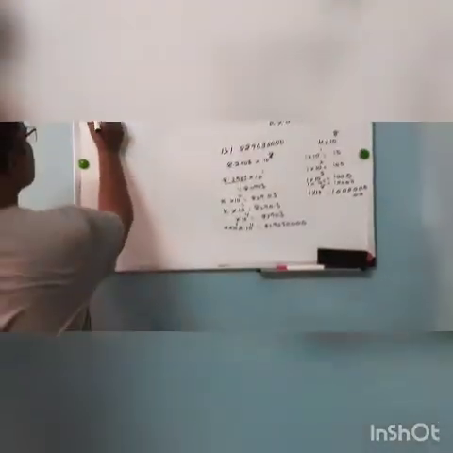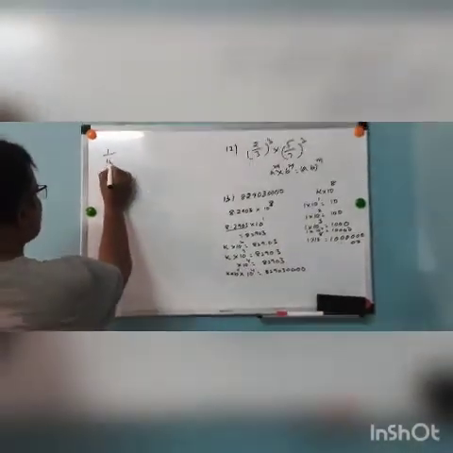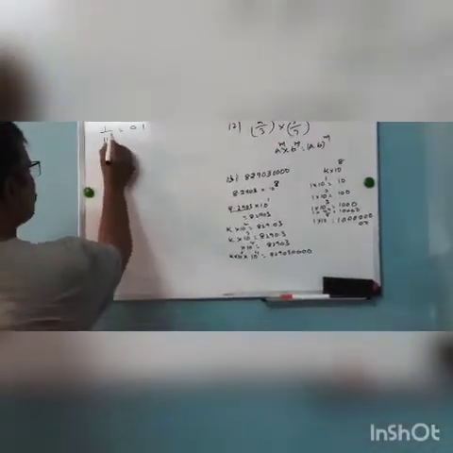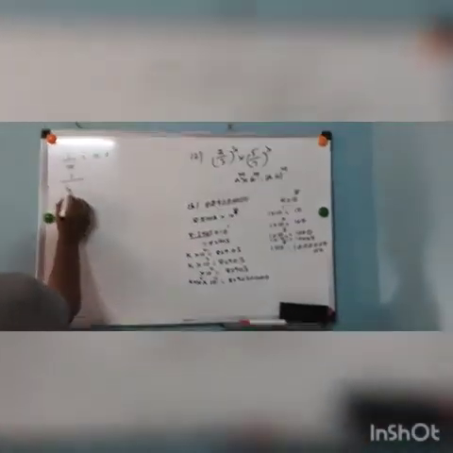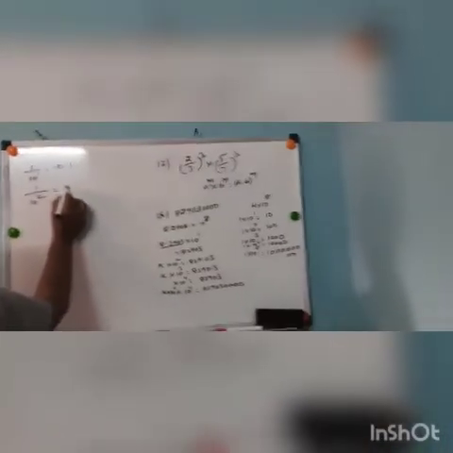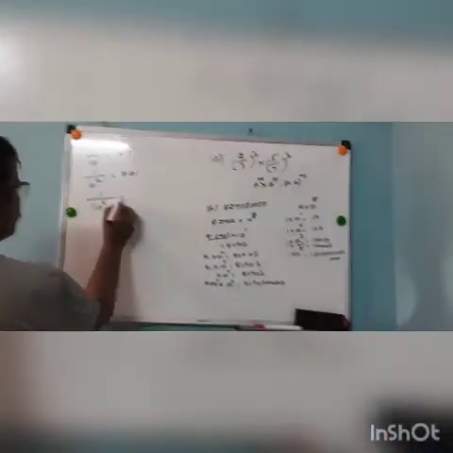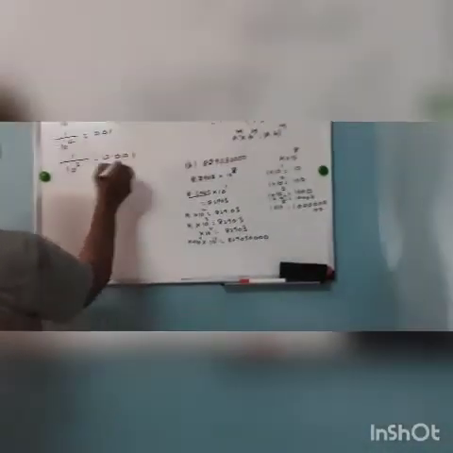So first, 1 by 10 is equal to 0.1 as we know. That means 1 by 10 power 1. 1 by 10 square is equal to 0.01. So 1 by 10 cubed is equal to 0.001.